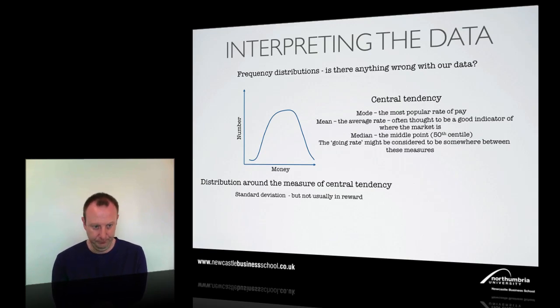Normally in reward, we look at distribution through quartiles or centiles, so that we make sense of what's going on in a particular marketplace by looking at where the cut-off points are, say the 25th centile, so we can see what the bottom quartile of the market might be, or at the 50th, at the 75th, and so on.